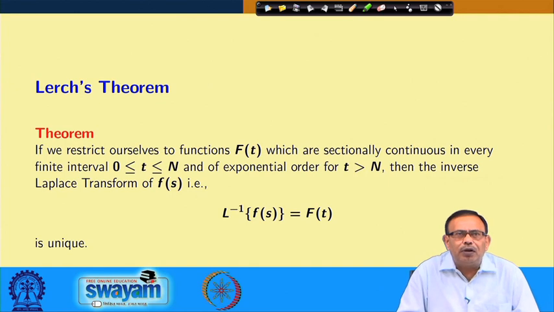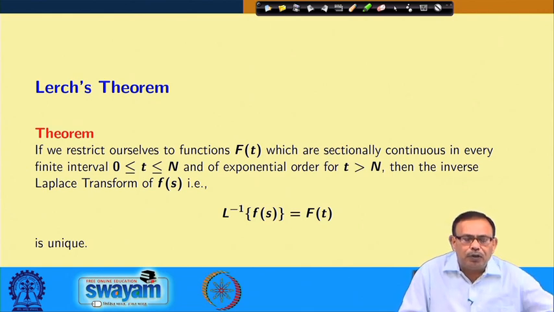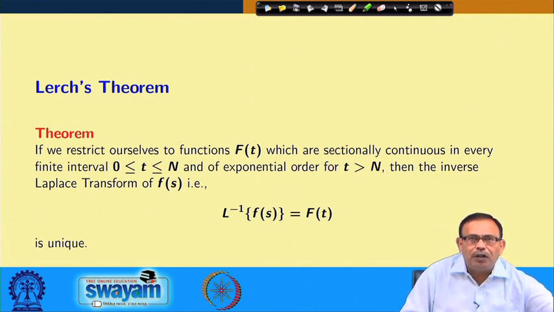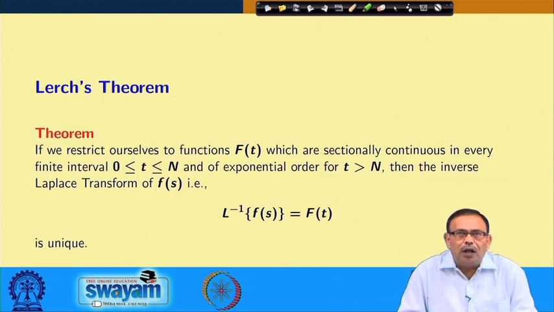Now, you see this theorem, Lerch's theorem. It says that if we restrict ourselves to functions f(t) which are sectionally continuous in every finite interval 0 to N and are of exponential order alpha for t greater than N, then the inverse Laplace transform of F(s), that is, L inverse F(s) equals f(t), is unique.